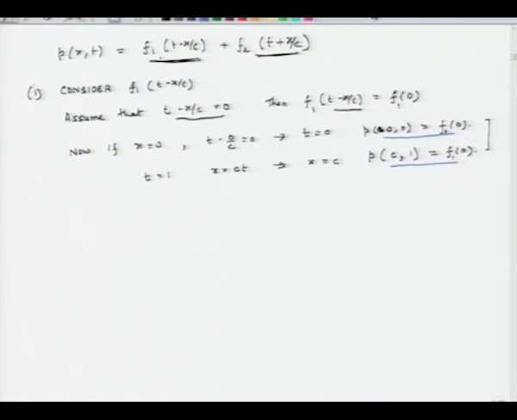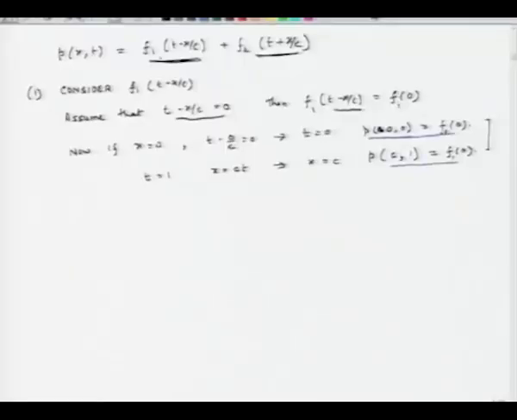Now, after 1 second, time increases from 0 to 1 and x increases from 0 to c, and the value of f1 remains the same. So, essentially what I am seeing is that in 1 second this disturbance pressure, which was initially P of 0, 0, has moved by a distance of c. In 1 second this disturbance has moved by a distance c.